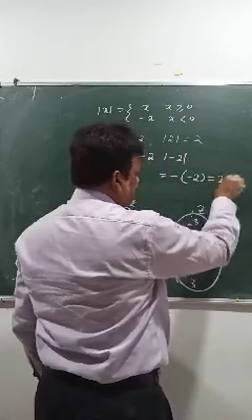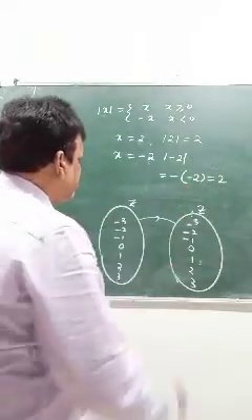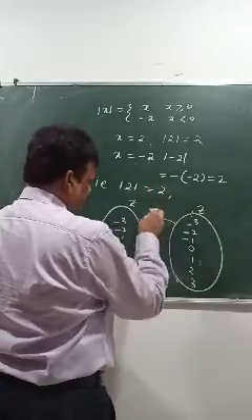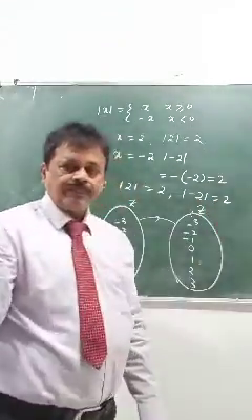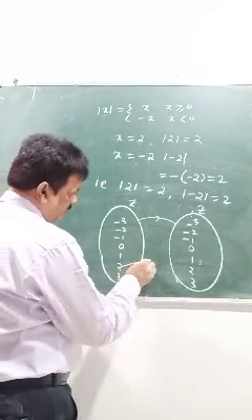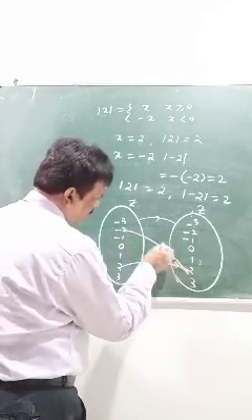What is your conclusion? In either case, the value is positive. That means mod of 2 is equal to 2, and mod of minus 2 is also 2.